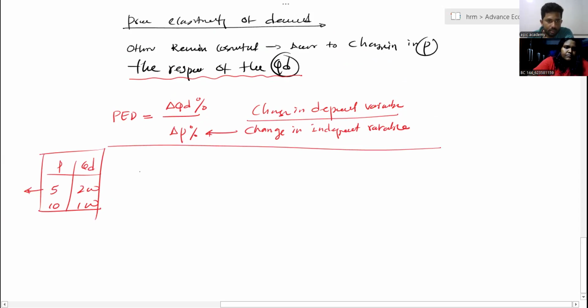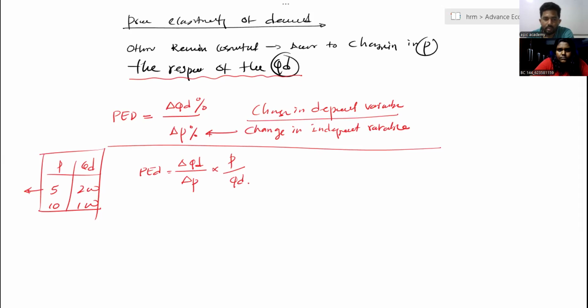PED equals delta QD divided by delta P. If you got certain prices, do not use the 100%. Then multiply by P divided by Q. This is the equation you can use to find the point elasticity.